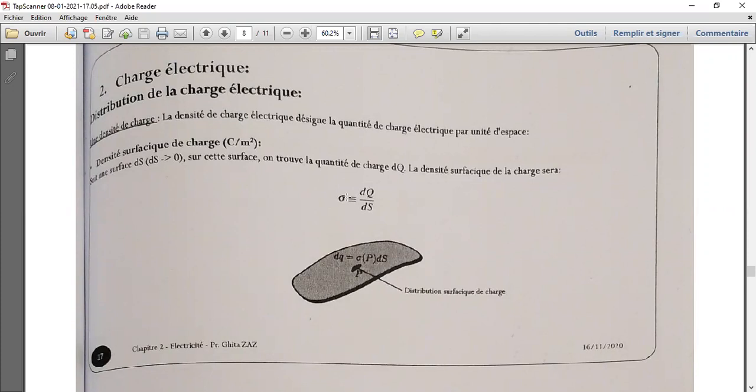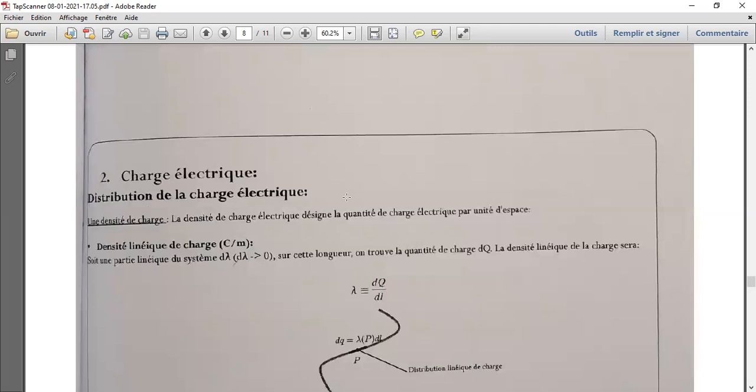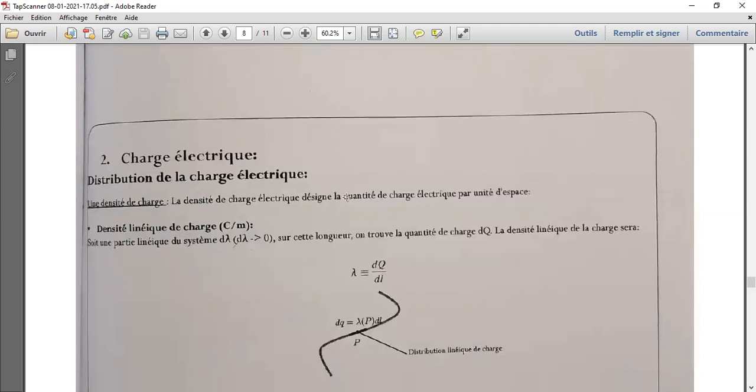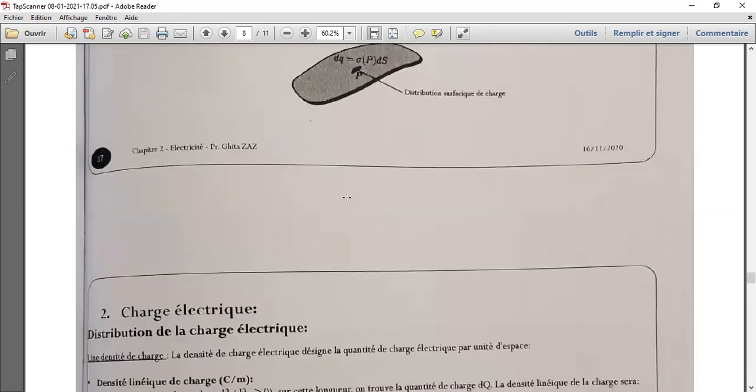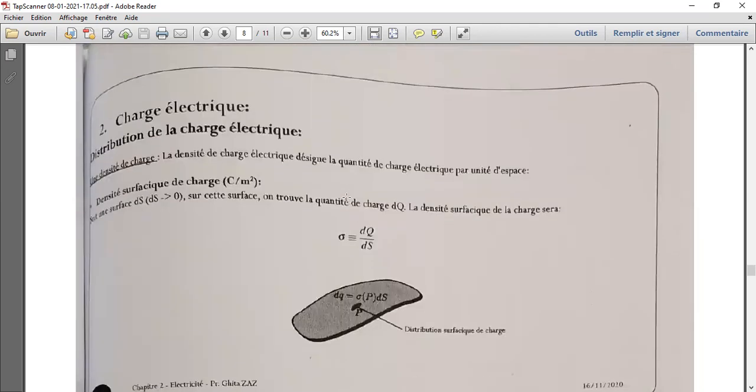So sigma, lambda and rho shouldn't confuse you. They are just there to make the difference between density surfacic, density volumic, and density linear. So when you hear density surfacic, sigma is equal to dq, the change of the charge, divided by ds, the surface you have been told to define.